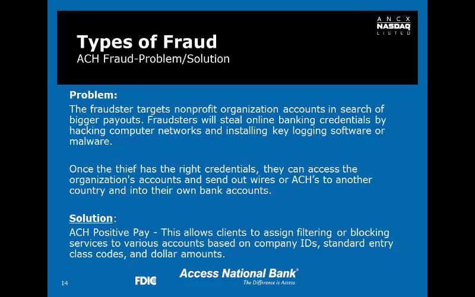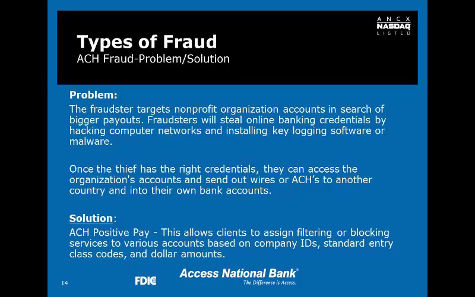Once they have the credentials, they're then able to send out ACHs or wires from those bank accounts to the fraudsters' accounts wherever they may be. In addition, they would also be able to create files from outside the organization to come inside and actually debit the person's account. The solution here would be ACH Positive Pay.